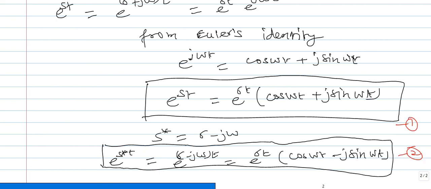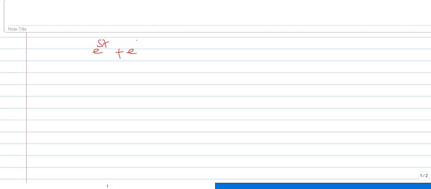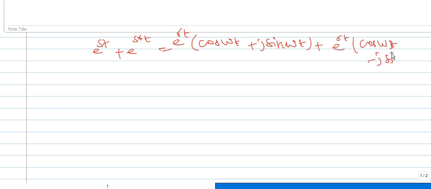So from equation 1 and 2 we can see that e to the power st plus e to the power s conjugate t will be equal to e to the power sigma t multiplied with cos omega t plus j sin omega t plus cos omega t minus j sin omega t.